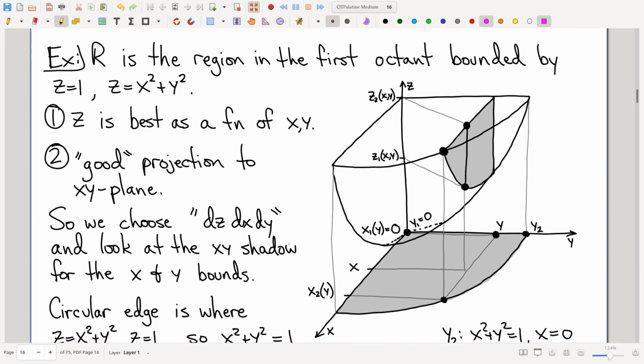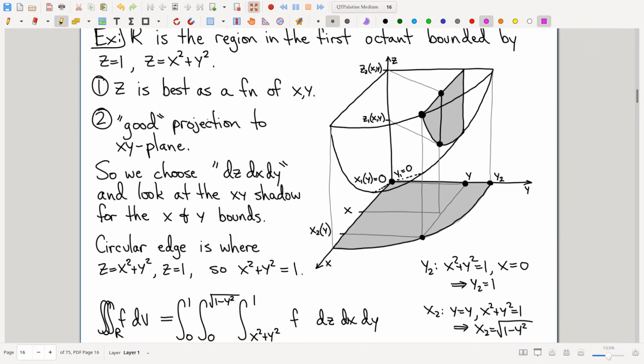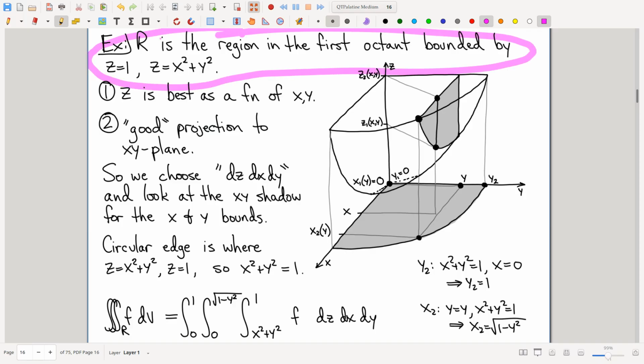Okay, let's see here. Oh, I've got to get a lot onto the screen here. Okay, so difficult draw. You've got a couple of surfaces. The surfaces themselves aren't that hard to draw, but this first octant portion of what's bounded by those surfaces is a little bit hard to draw. So I would call this an art challenge. This is non-trivial.